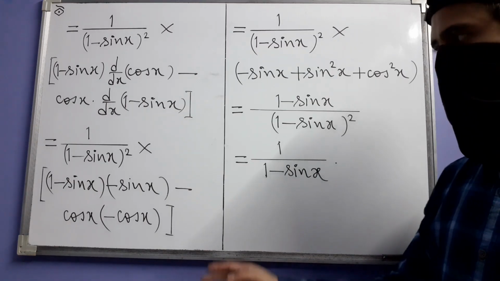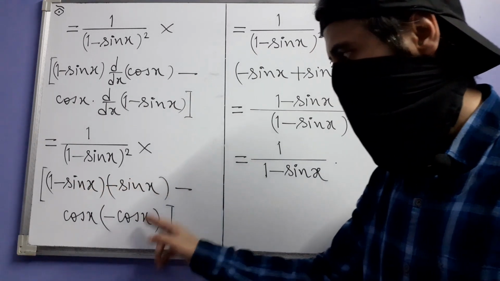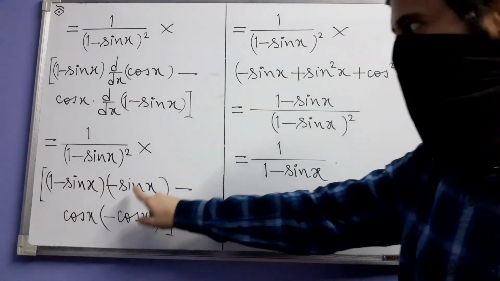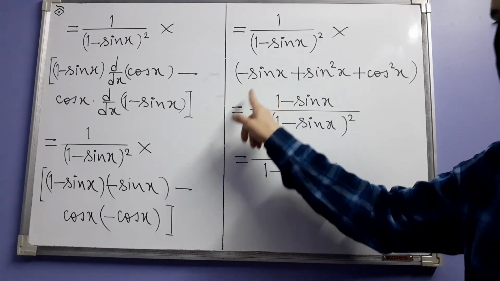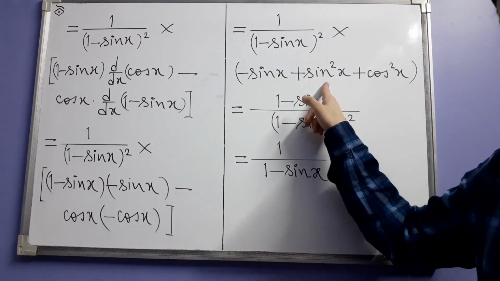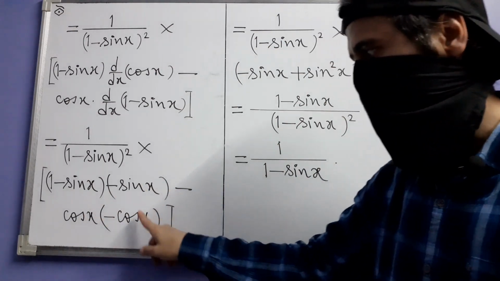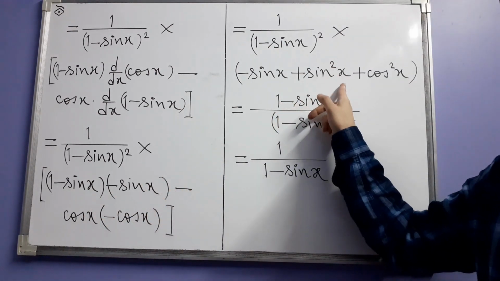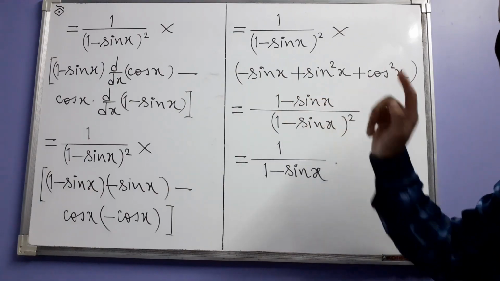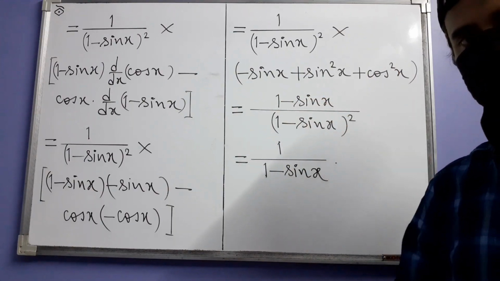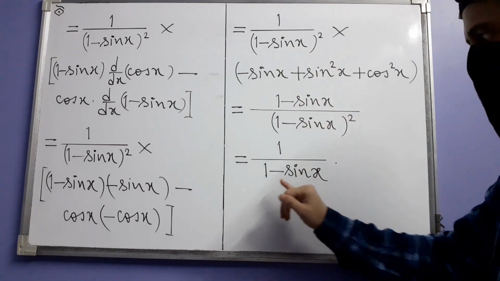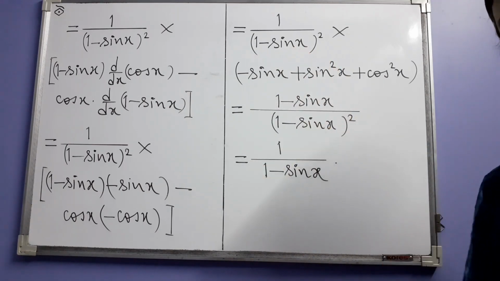Okay, so next of course we do these multiplications, and that way we get 1 times minus sin x, which is minus sin x. Minus sin x times minus sin x is plus sin square x, and minus cos x times minus cos x is plus cos square x. So these two terms give us 1. So we have 1 minus sin x as the numerator. And this is the denominator. So after cancellation you get this. So this is your derivative.